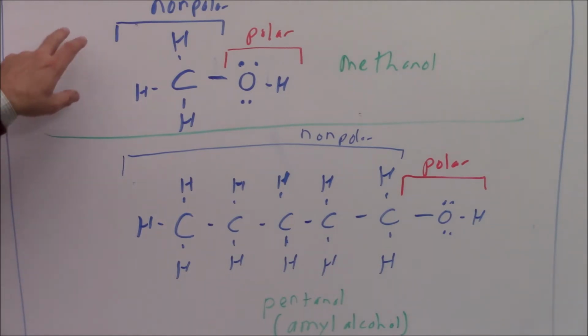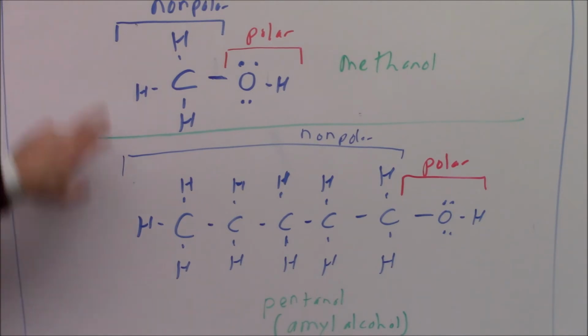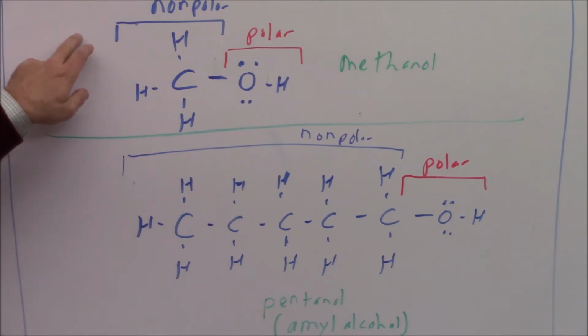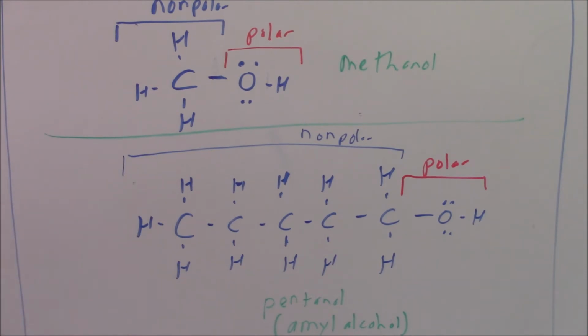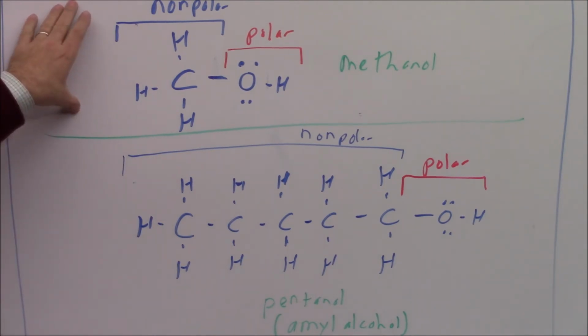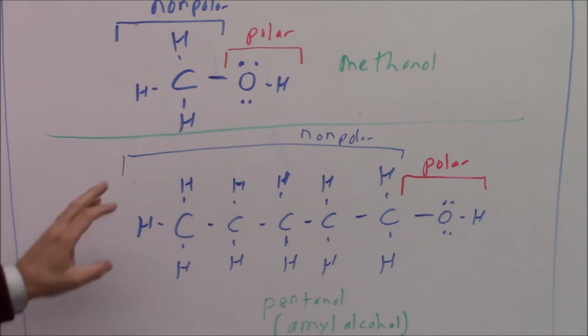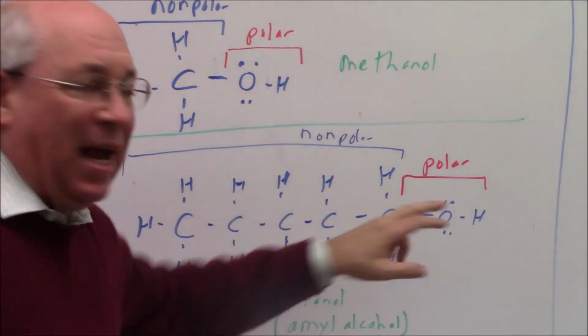So here we can see two alcohols, methanol and pentanol, that we used. Methanol was miscible with water. Pentanol, sometimes called amyl alcohol, was not. Both of them have a polar OH end.